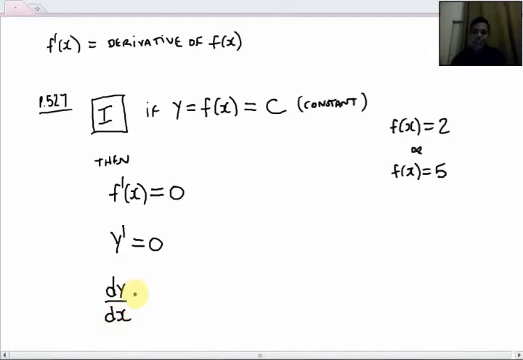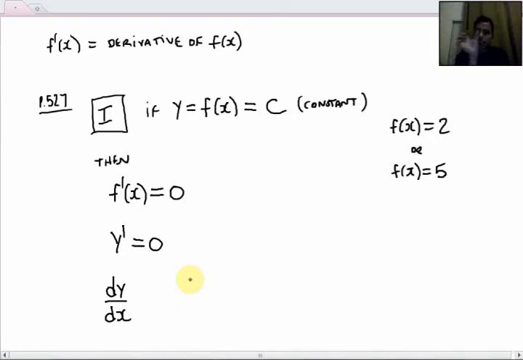Okay, it looks like a fraction. It's dy dx. This is to remind you that this is rise over run. The dy represents the change in y, and the dx represents the change in x. They call it infinitesimal change, right?